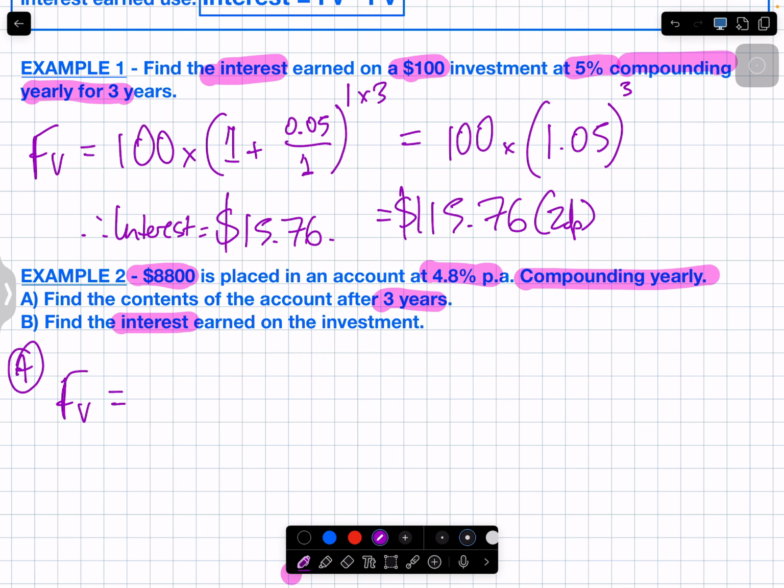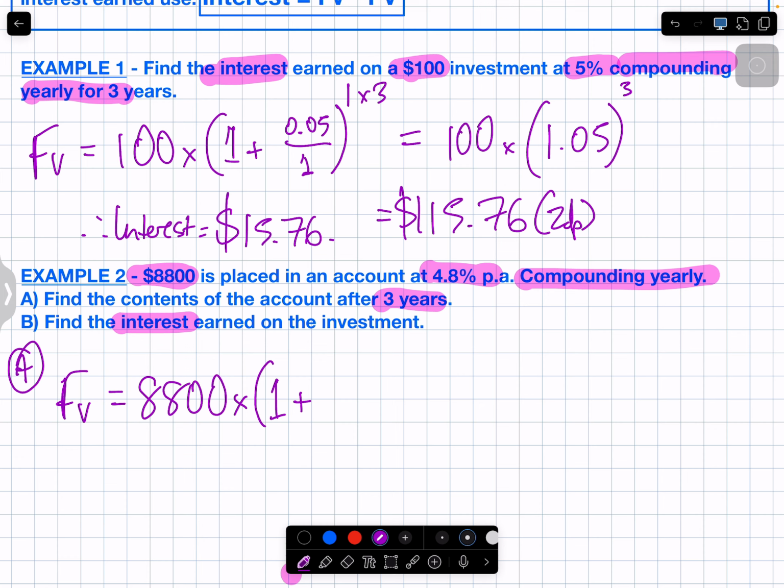PV in the formula, how much was invested? How much did this person put in the account? $8,800 times 1 in brackets plus, what's 4.8? Not you, because I know you know it. Someone else. What would 4.8% be as a decimal? 0.048.